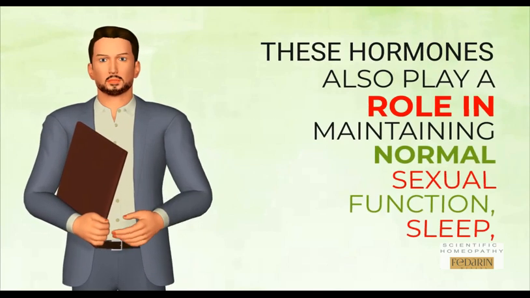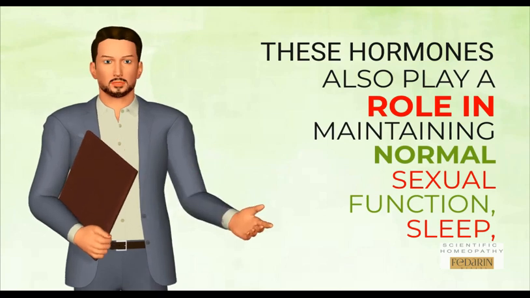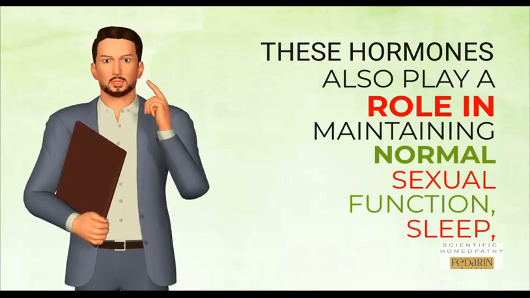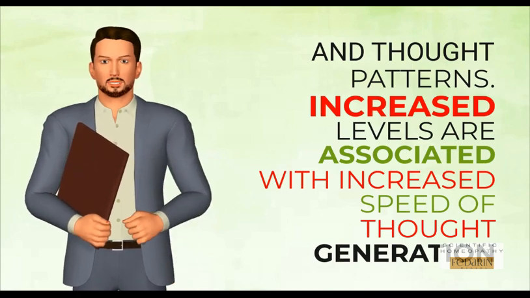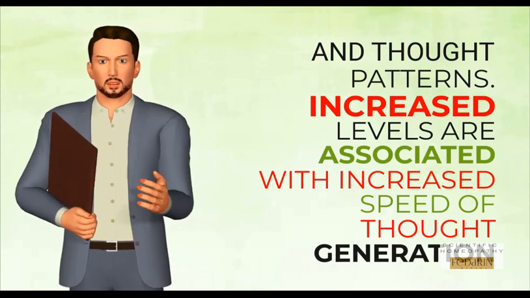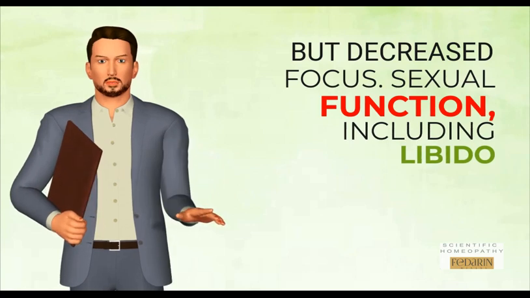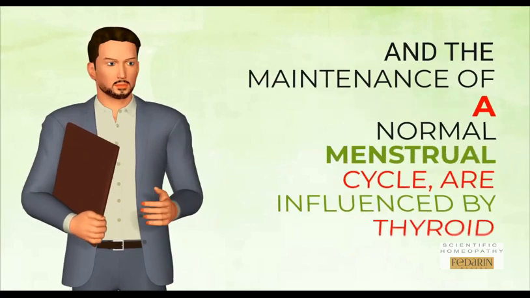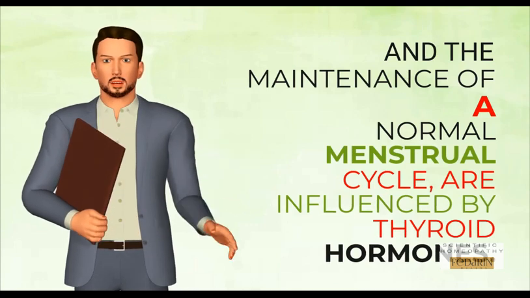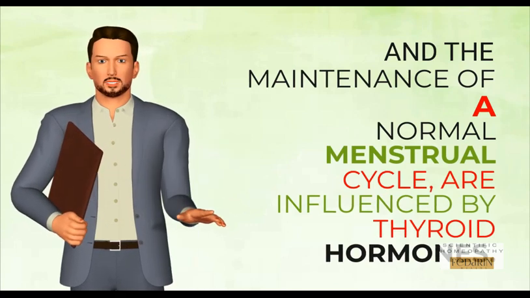These hormones also play a role in maintaining normal sexual function, sleep, and thought patterns. Increased levels are associated with increased speed of thought generation but decreased focus. Sexual function, including libido and the maintenance of a normal menstrual cycle, are influenced by thyroid hormones.